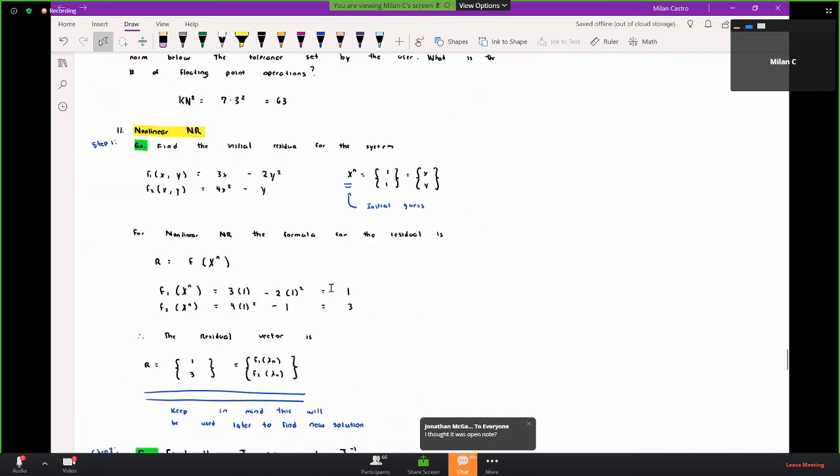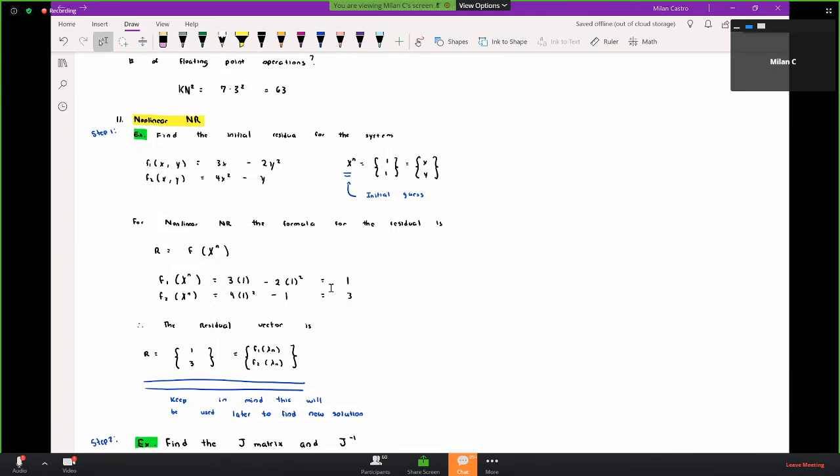All right. And then we have our nonlinear Newton-Raphson. Oh my gosh. I think this one can be very confusing for a lot of people, and the reason I feel it's the most confusing is because there's a lot of steps.